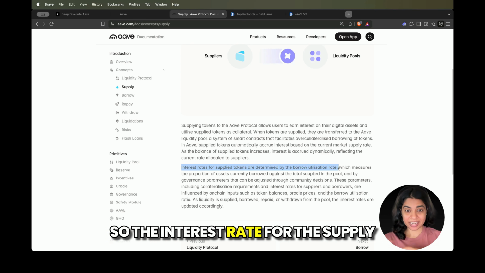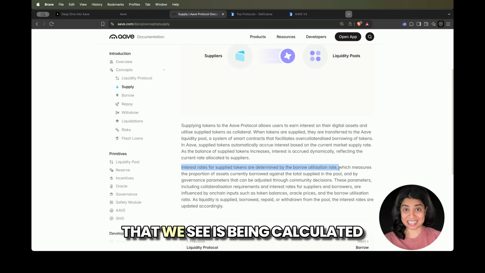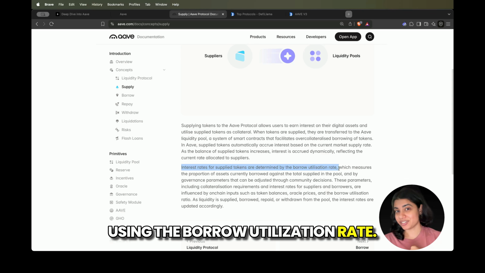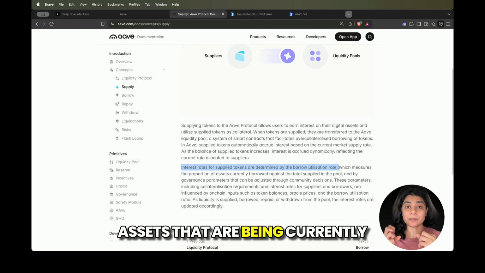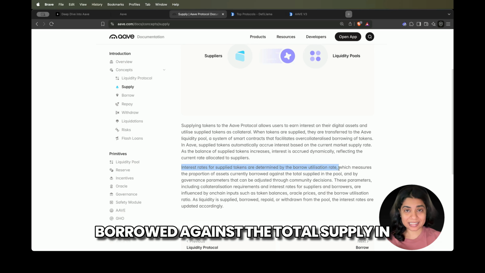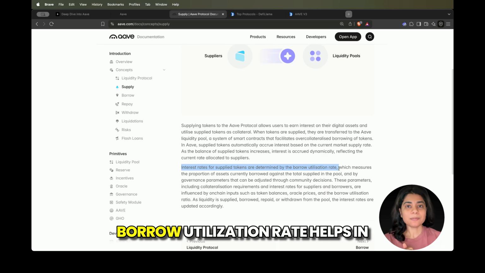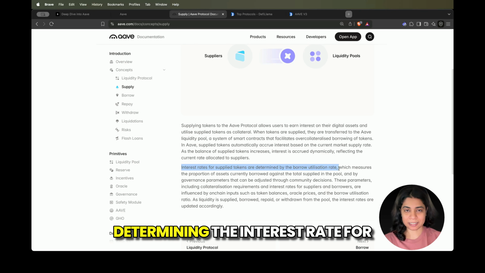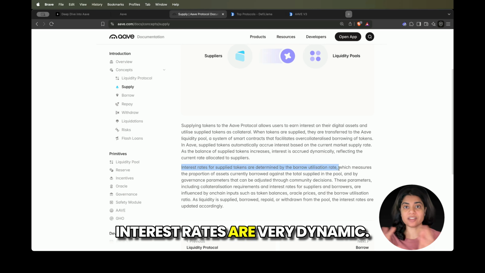The interest rate for the supplied tokens, the supply APY that we see, is calculated using the borrow utilization rate. What I mean by that is the assets that are currently borrowed against the total supply in a particular liquidity pool. That borrow utilization rate helps in determining the interest rate for supplied tokens. And these interest rates are very dynamic.